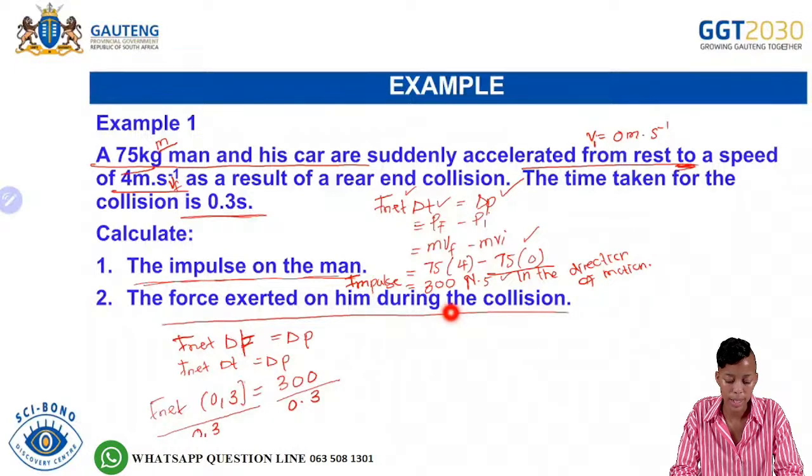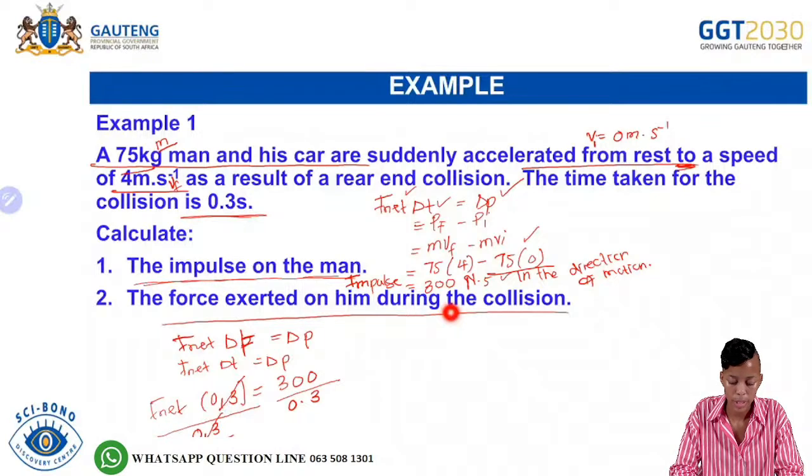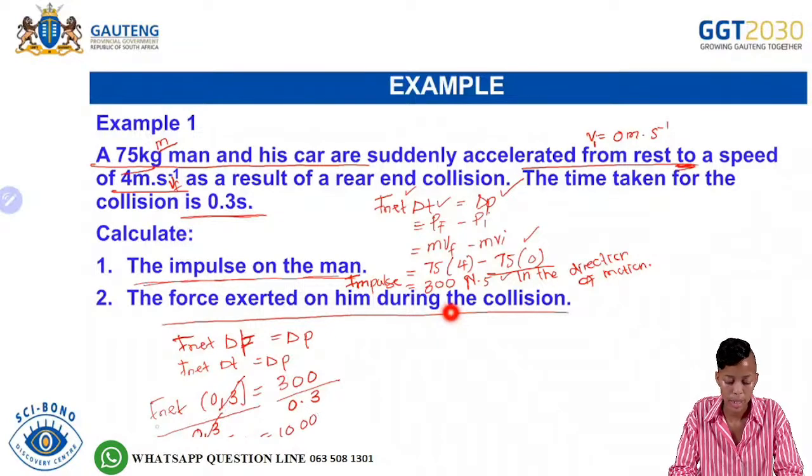So 0.3 divided by 0.3 on the left hand side, and on the right hand side we have 300 divided by 0.3. That will therefore give us the F net of 1000. F net is a force, so therefore the unit will be Newton.